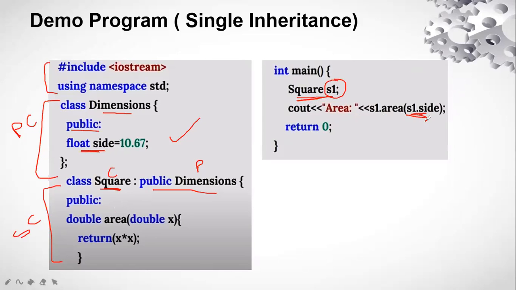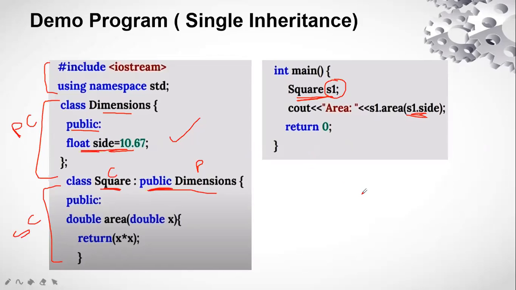Why can we access the side from the Square class? Because we have defined the inheritance here. We have defined Square as the subclass which can access all the data members of the Dimension class publicly. That is why it can access this particular side. Then it will give you the area of the square. That is, the output will be area is equal to whatever the area will be. So this is the single inheritance.